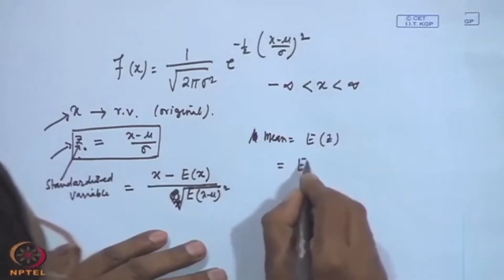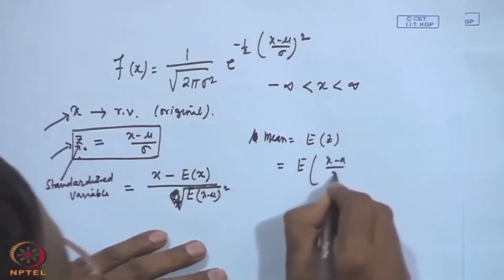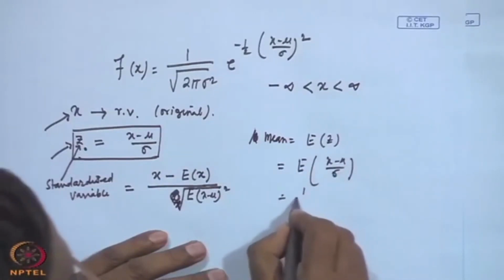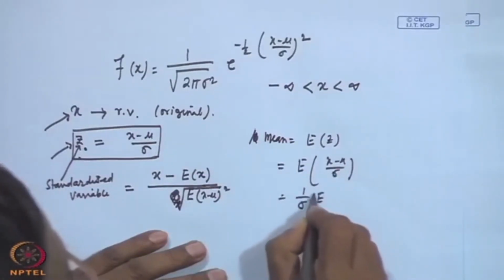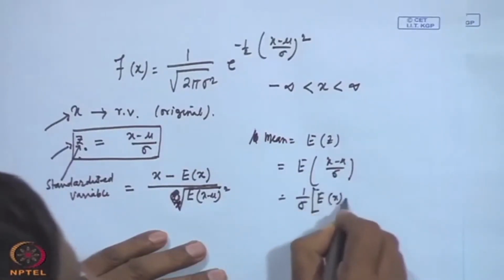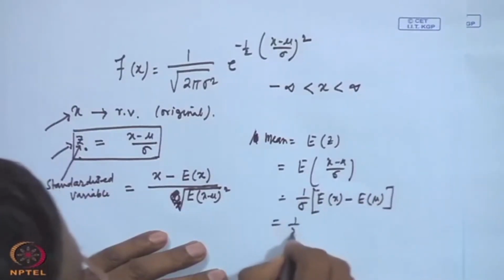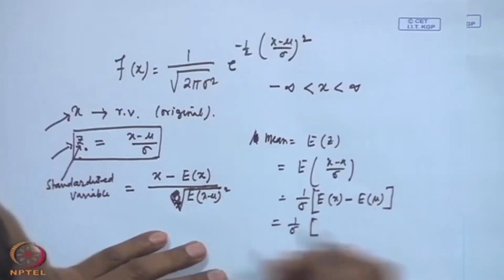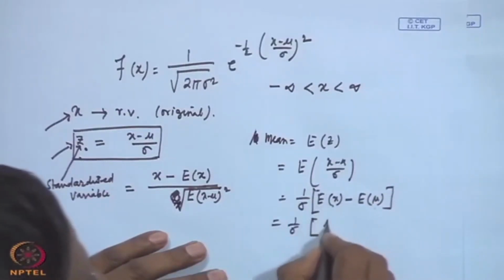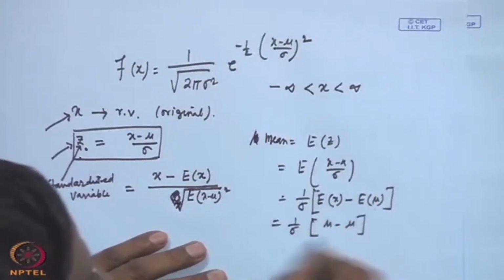That means the expected value of (x minus mu) by sigma, that is 1 by sigma times the expected value of x minus the expected value of mu, and the expected value of a constant is the constant. So the expected value of x is mu, minus mu, which equals 0.